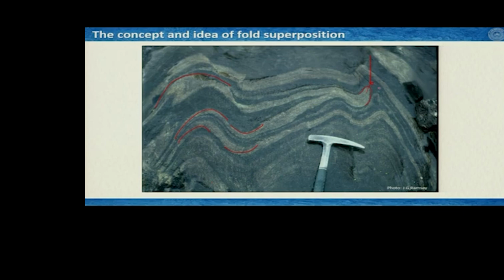Now if I try to draw the axial traces, and if I consider that this is a profile plane of this fold, a profile section of this fold, and this is the folded layer, then certainly the axial trace would be something like that.